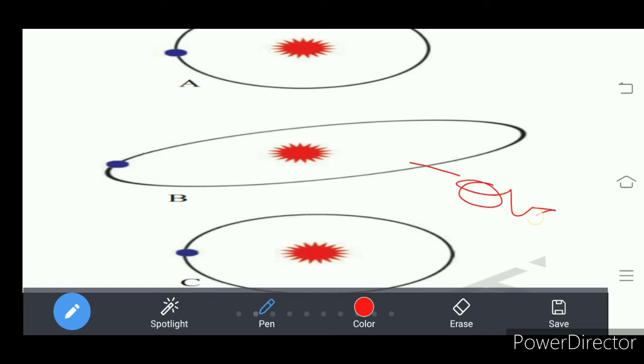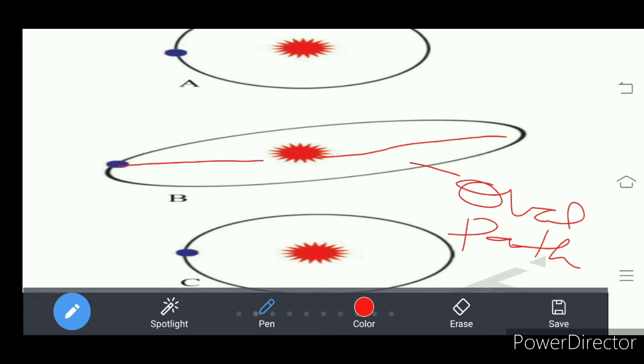It is an oval path, right? So what do we observe here? Two times our Earth is far from the sun, or not? Another two times Earth is coming near to the sun.